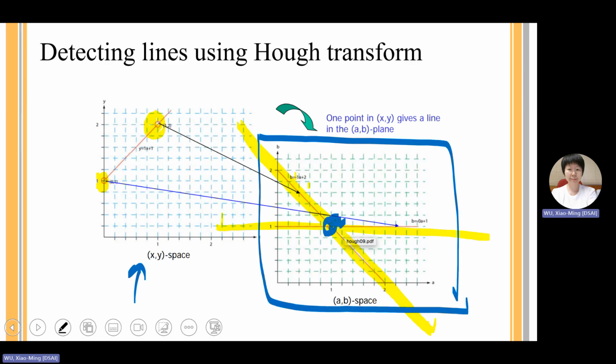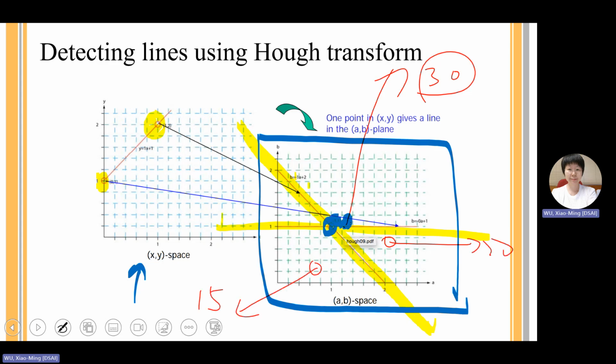So finally we will obtain this AB cell array, and for some cells the count could be 30, for this one the count is 20, and for this one the count could be 15. The coordinate of this AB cell corresponds to the parameters.